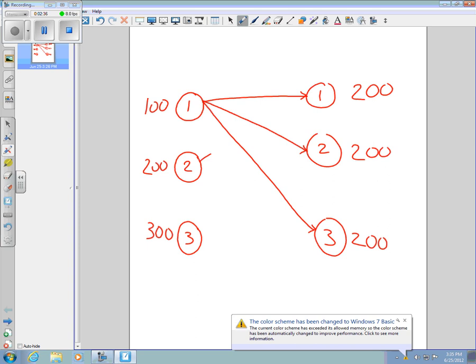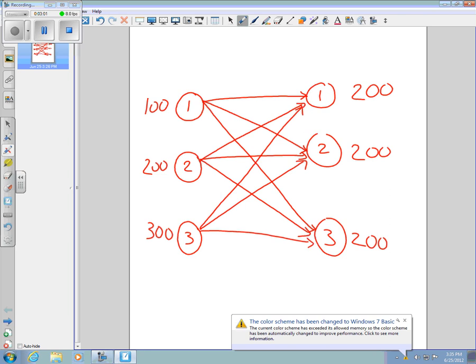Similarly, I can ship from origin 2 to 1, origin 2 to 2, origin 2 to 3, and so on and so forth. Now, it might be that some of these routes are impossible. Perhaps it's impossible to ship from node 3 to destination 3. And if so, you just wouldn't have an arrow there. Let's go ahead and include one.